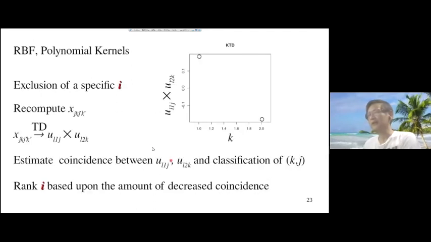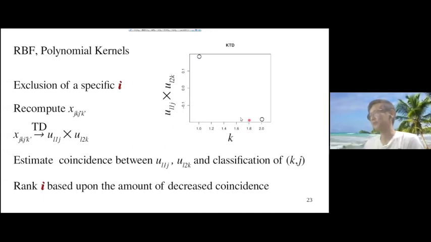But for kernel cases, we cannot take the projection. Instead, we can remove some specific feature i and compute the sample vector repeatedly. If removing a feature drastically reduces the coincidence between the sample vectors and the distinction between infection and non-infection, we take these as top genes, which destroy the coincidence.